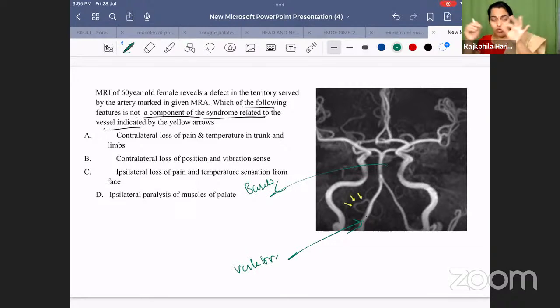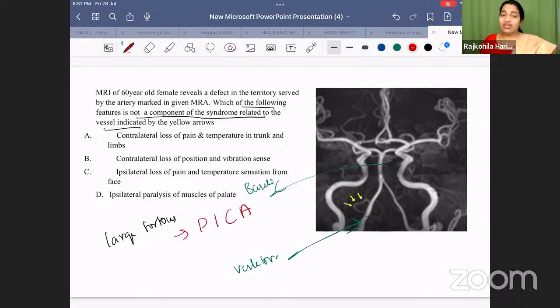Those yellow arrows are pointing at the large tortuous branch from the vertebral artery, which is the postero-inferior cerebellar artery. What is the syndrome related to the postero-inferior cerebellar artery? The lateral medullary syndrome, also called the Wallenberg syndrome.